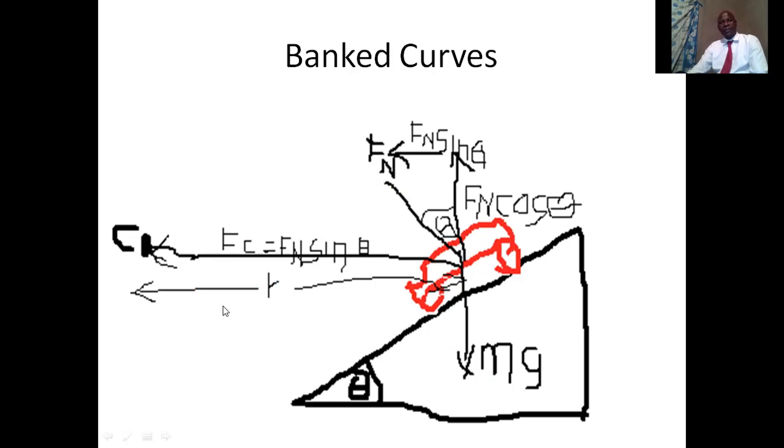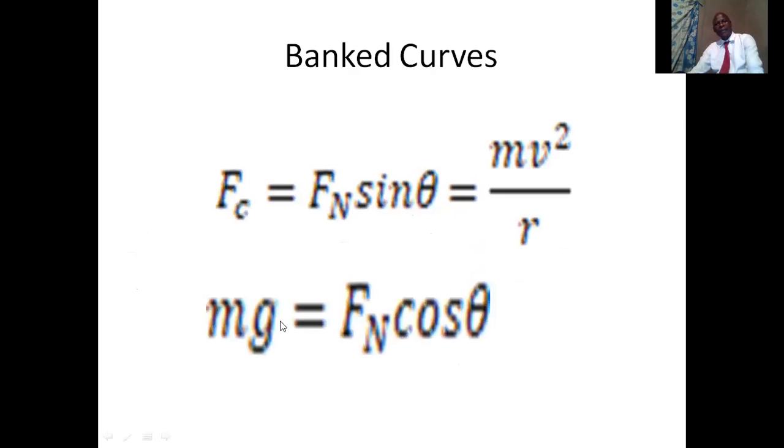This is a very important concept, because if we cannot do that, we cannot actually proceed. And we note that also this distance from where the vehicle is to the center of the curve here is the radius. Okay.